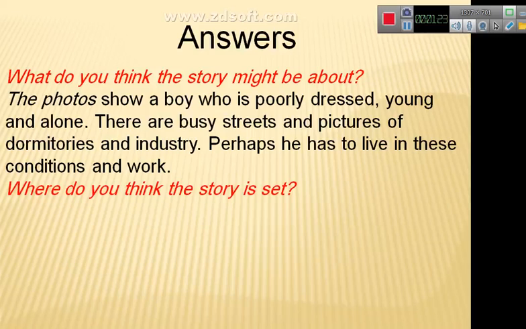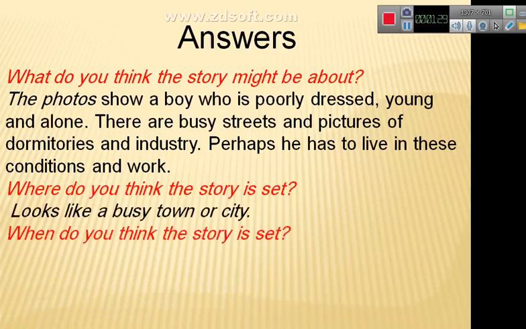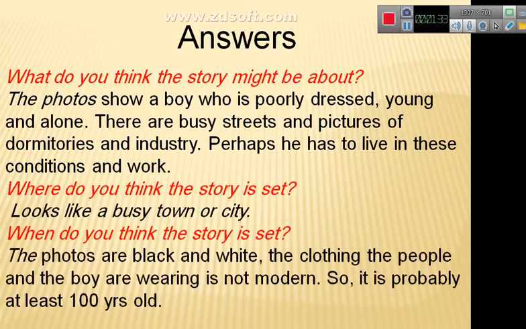Where do you think the story is set? Looks like a busy town or city. When do you think the story is set? The photos are black and white. The clothing the people and the boy are wearing is not modern. So it's probably at least 100 years old.